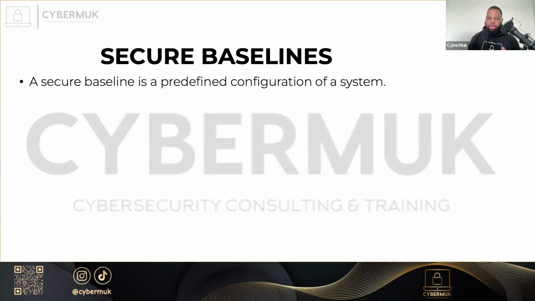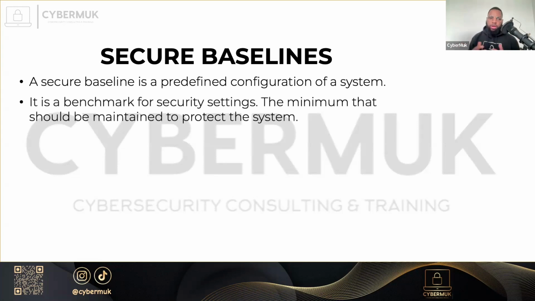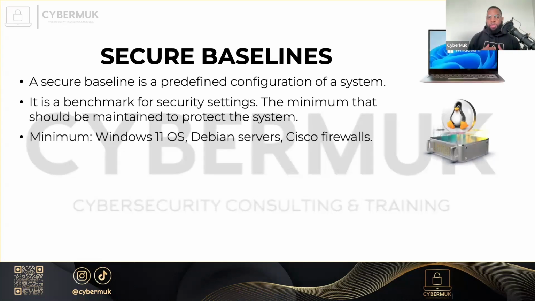That's your baseline, for example. It's quite similar in tech, where you can require a minimum of Windows 11 operating systems on every computer in the office, Debian servers for every server, Cisco firewalls for every firewall. So it's like a benchmark for security settings, the minimum that should be maintained.